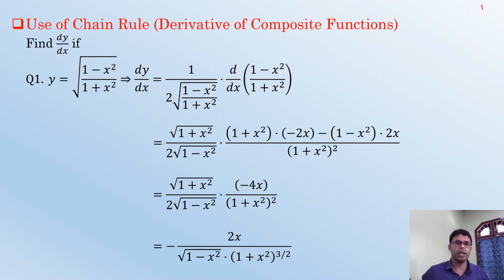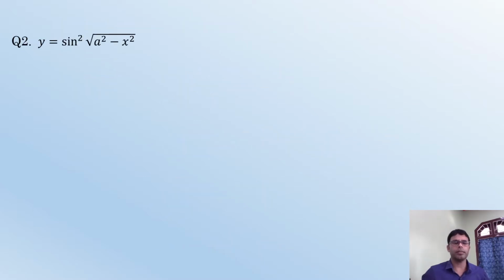Okay, so then you take another question, number 2, y is equal to sine square root over a square minus x square. So here the first function, which is the outer function, is sine square, because sine square x is actually (sine x) whole square, is it not?